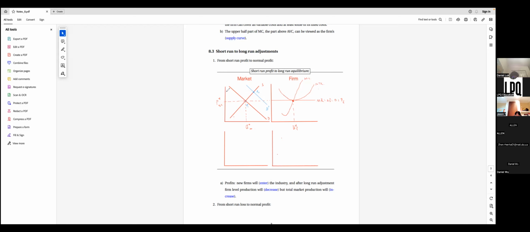The market price will increase, and the total quantity of face masks traded in the market also will increase, for sure. So we label this one QM2. If this one is QM1, this one is QM2. If this one is PM1, this is PM2.